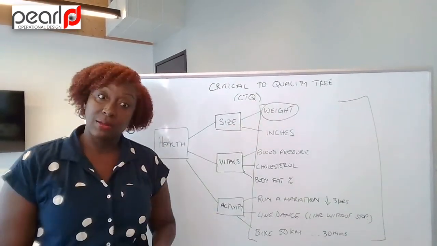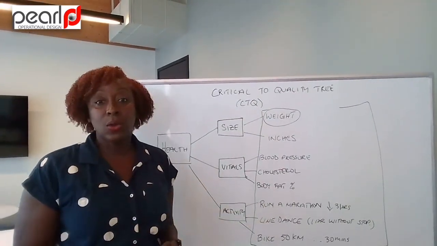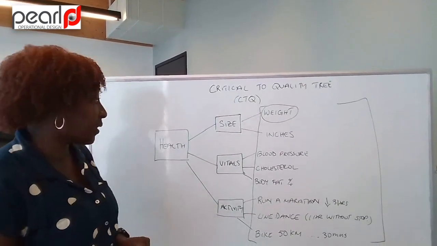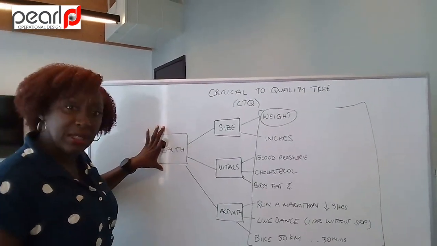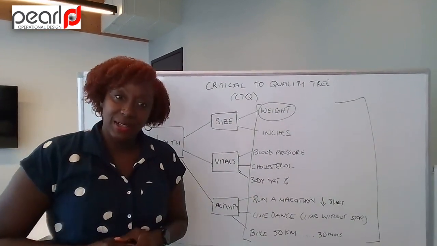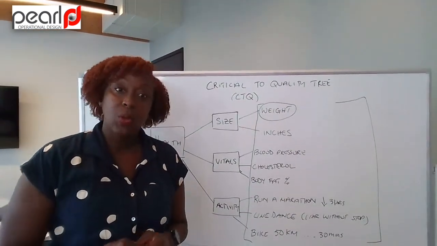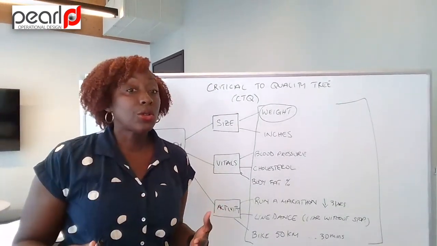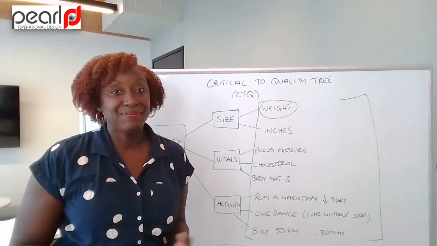Can you measure that? So this is what we call a critical to quality tree, and it's generally used when you have something that may not be easily measurable, because we have talked about the importance of data to inform what it is that you do to improve, or even create and design. Well, I really think that's a really great tool.